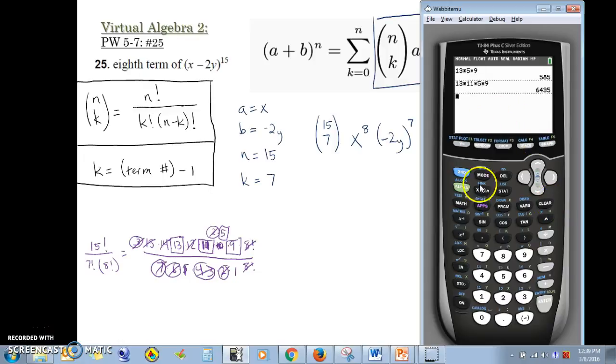And now I'll show you a little shortcut. If you look under Math, Probability, nCr, that's n choose r, and you can do 15 choose 7, and it'll do all that for you, and you get 6,435.